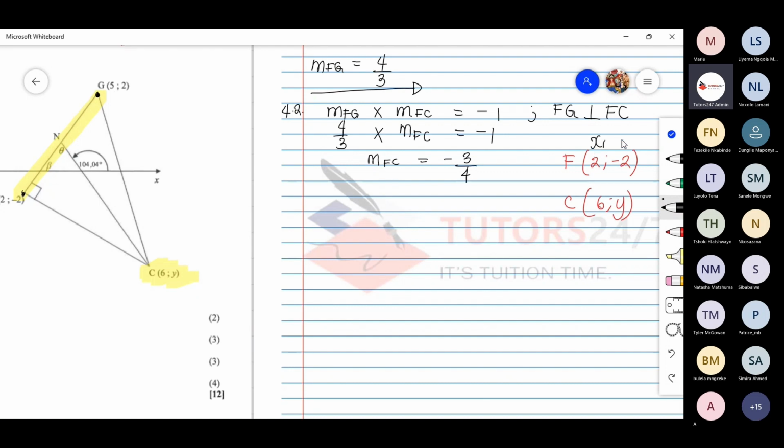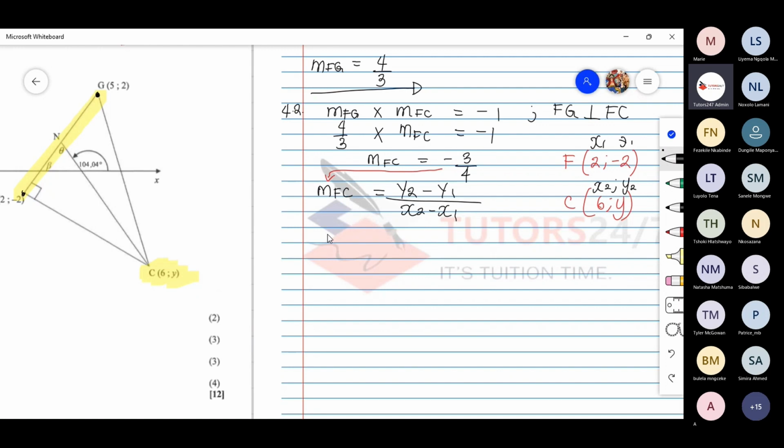This is going to be my x1, this is going to be my y1, this is going to be my x2, this is going to be my y2. Now, from this point, we are going to substitute. Let's first write out our formula before we actually substitute. So the gradient of FC is equal to y2 minus y1 over x2 minus x1. Now we already calculated the gradient of FC. So all we do is we substitute.